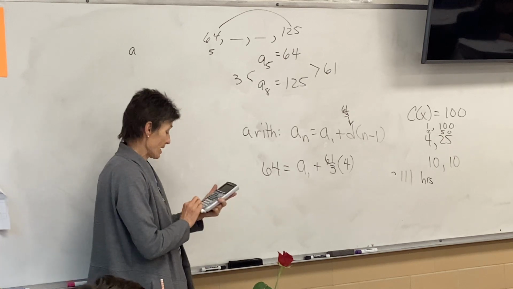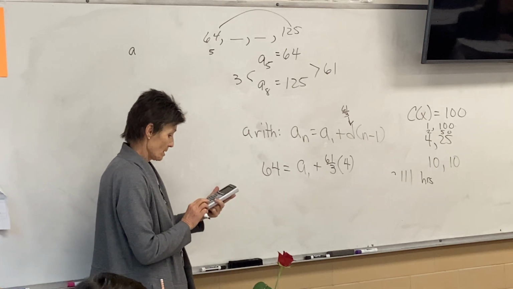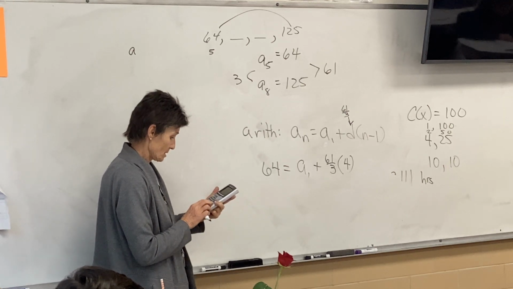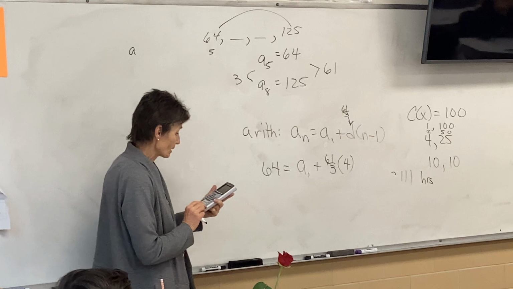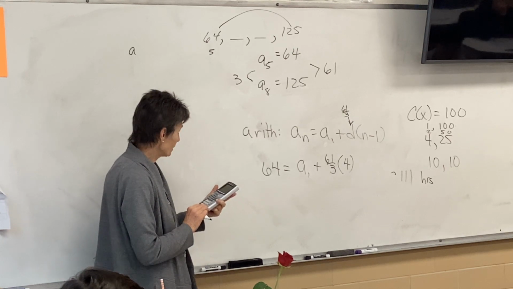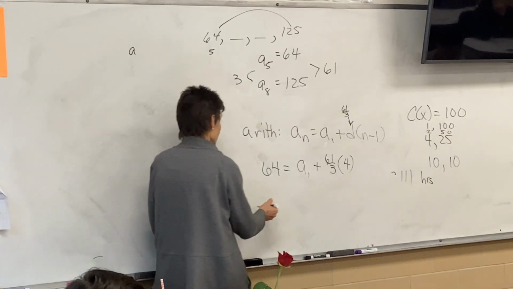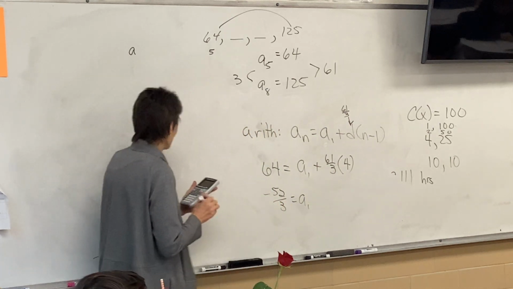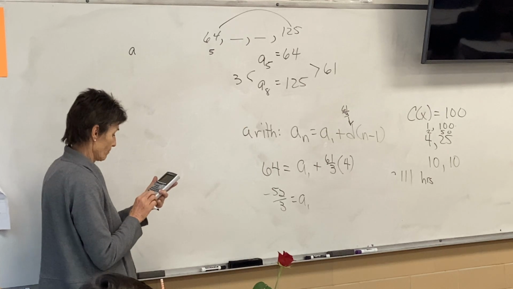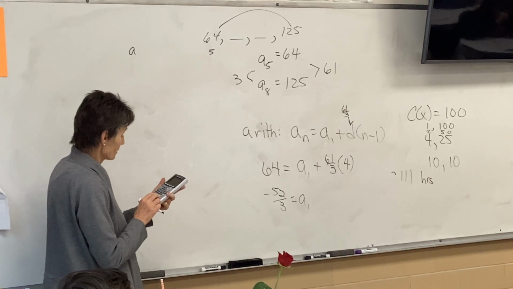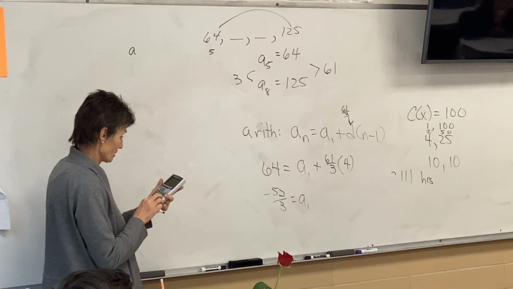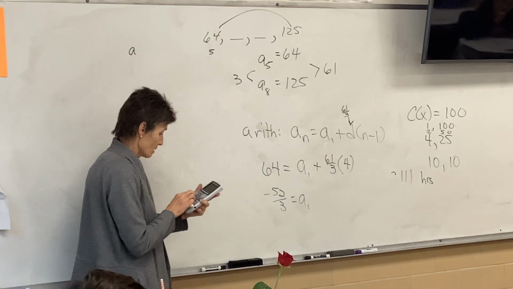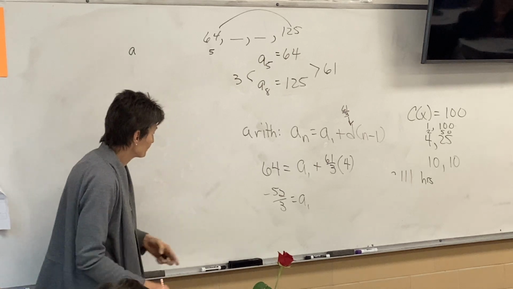So what is that? 64 minus 61... I got negative 52/3. Anybody get that? Yeah, I got it twice, so I think it's right.